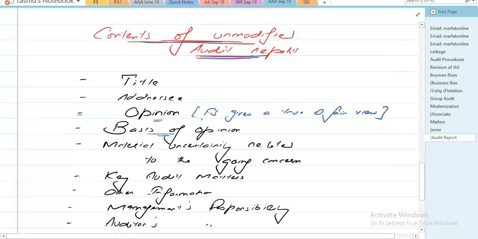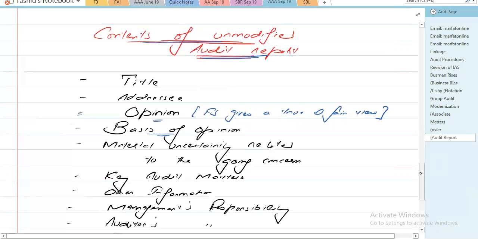Now, in the standard unmodified report, the opinion and the basis of opinion are going to be the same in every report. Every unmodified report, this will be the same, unless I'm going towards the modified report, where the modification may be due to different reasons.